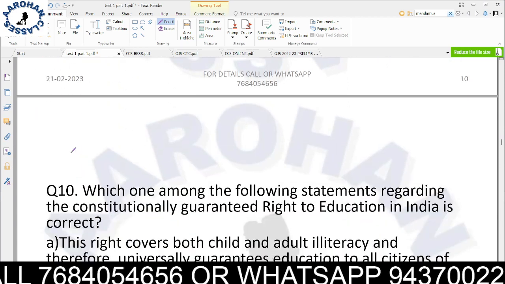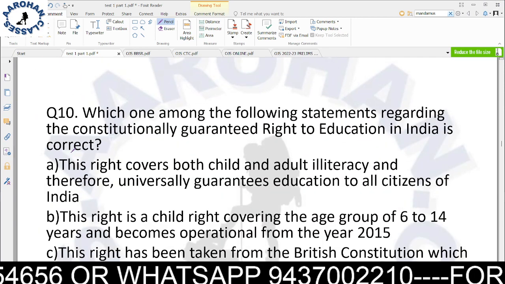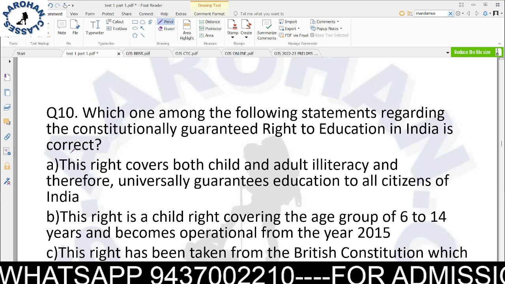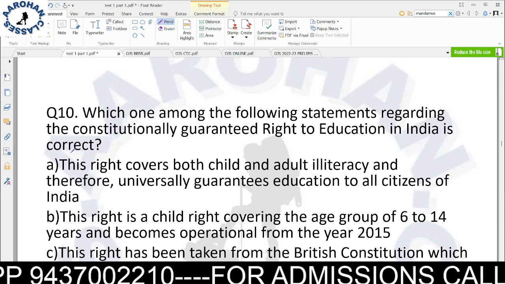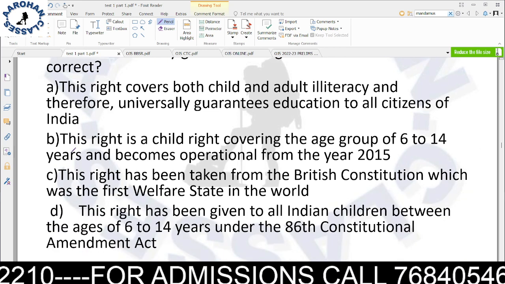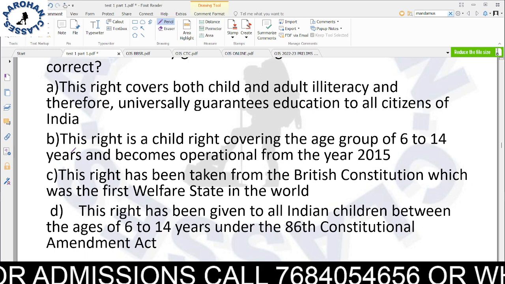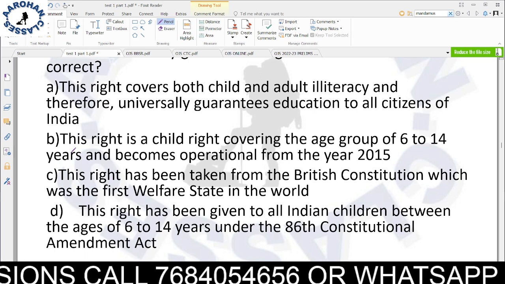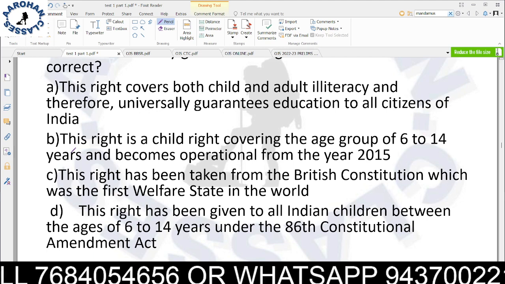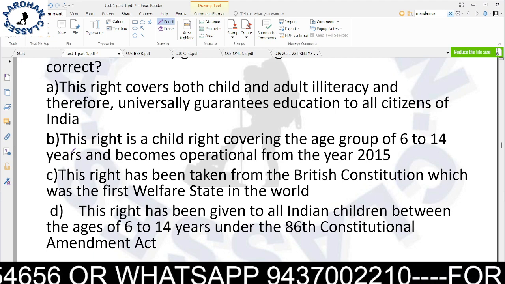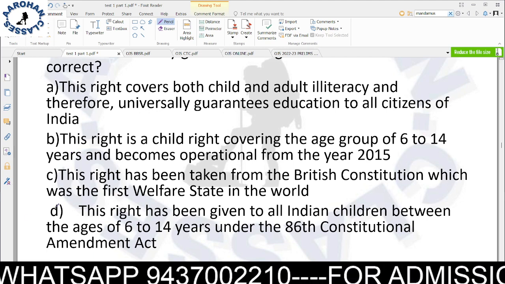Okay, now come to question 10. Which among the following statements regarding the constitutionally guaranteed right to education in India is correct? Okay, so please go through these statements. So D is the correct answer.